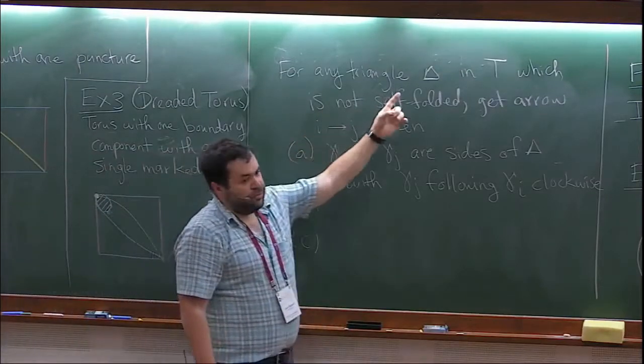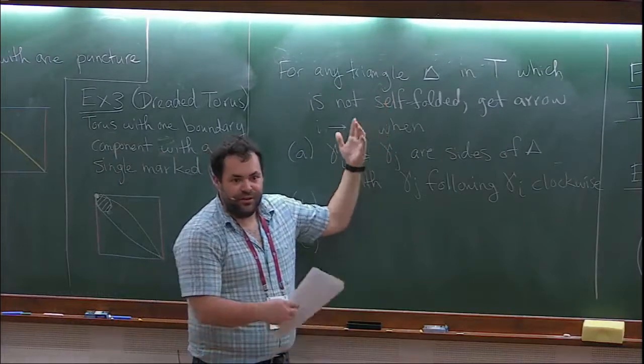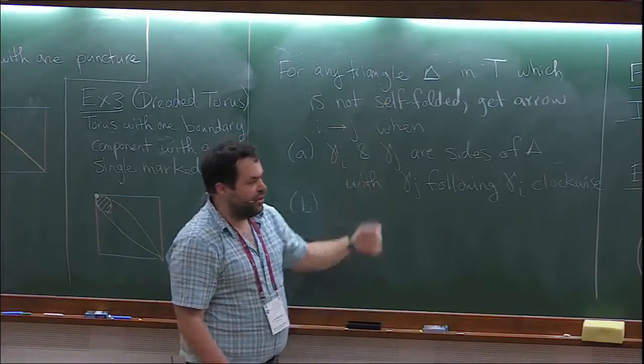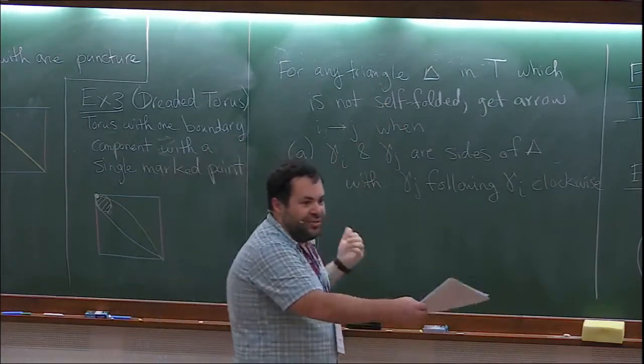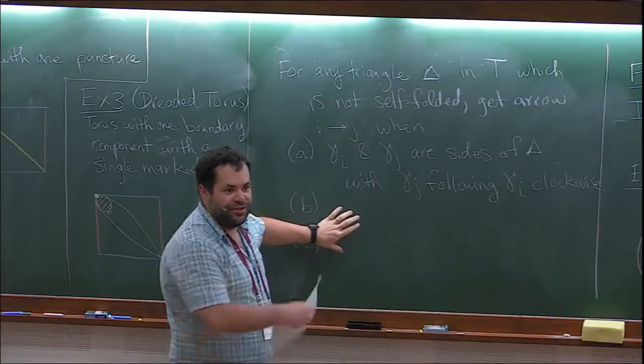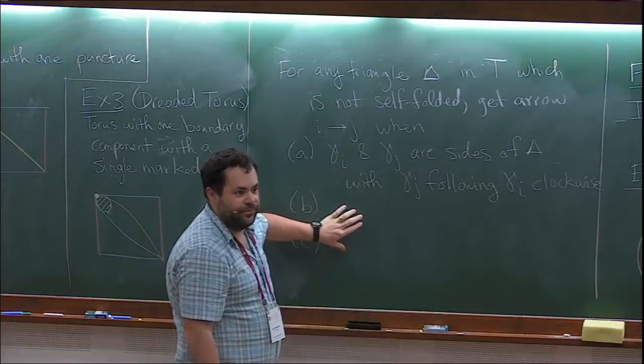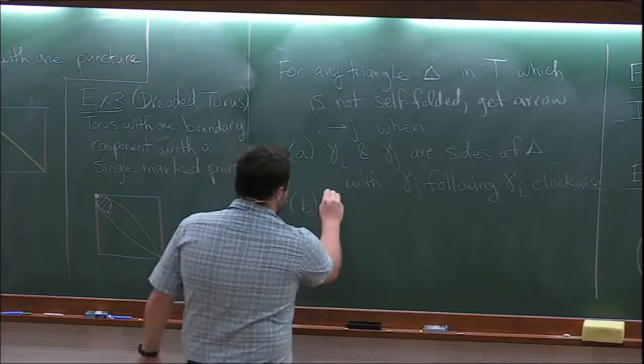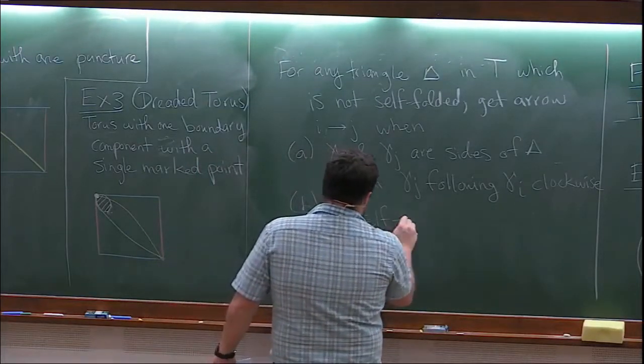B and C tell you what happens. For these triangles, you only get arrows for non-self-folded triangles, but you may share edges with self-folded triangles, so B and C tell you what to do. These are things to do with self-folded triangles.